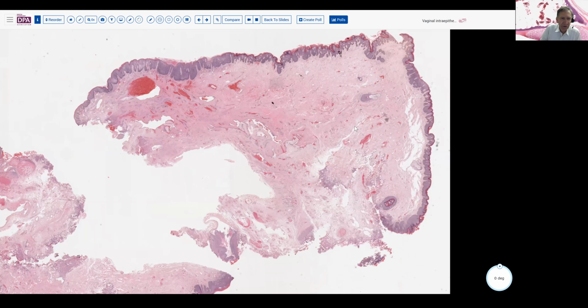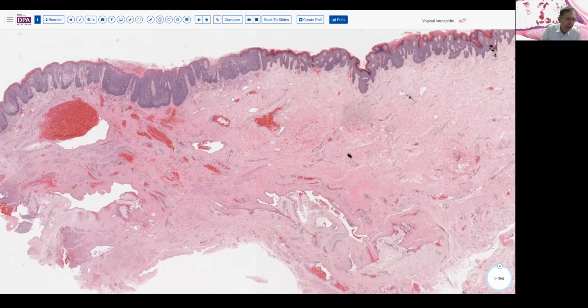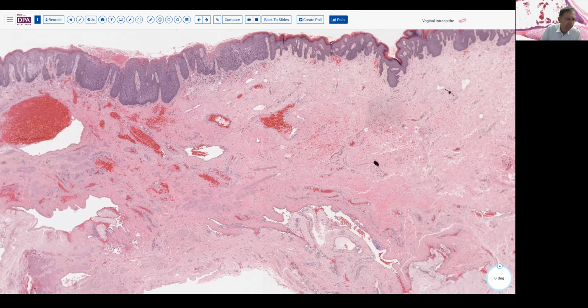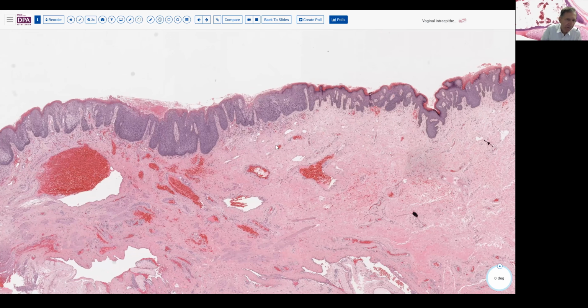And this illustrates the fact that HPV disease is not restricted to the vulva or cervix, although those are certainly the most frequently encountered sites, but vaginal mucosa can also be affected.